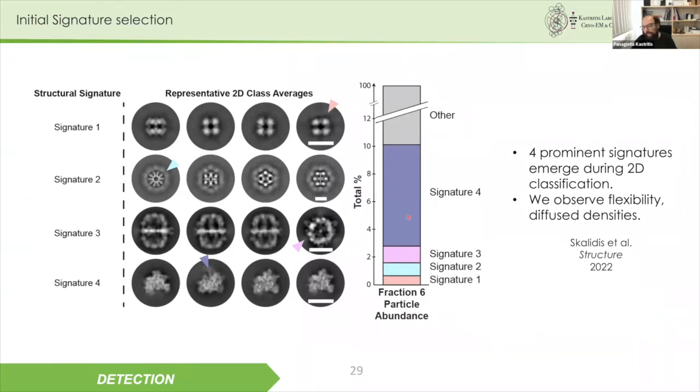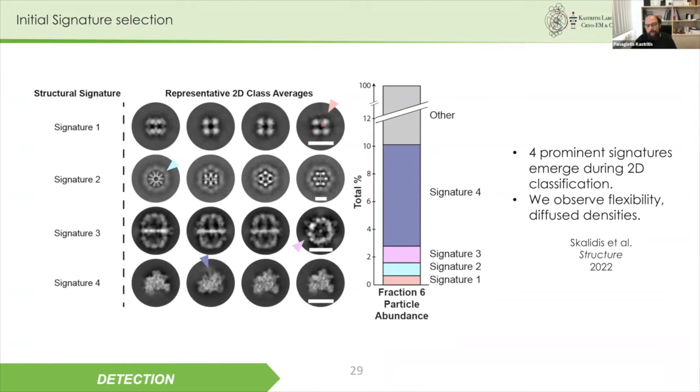I will show you in the next slide how we know which protein complex is which. You can see that these signatures actually represent 10% of all the particles that existed in our fraction. So also here you can see this kind of flexibility that persists in the class averages.